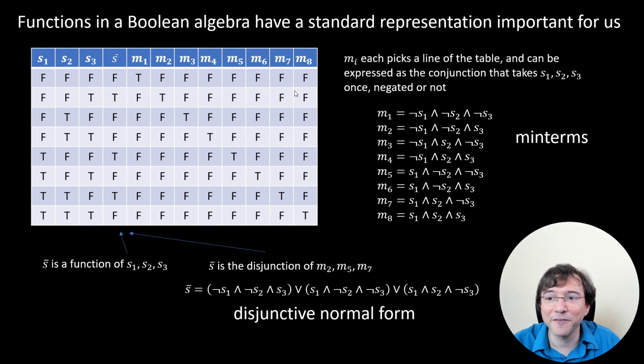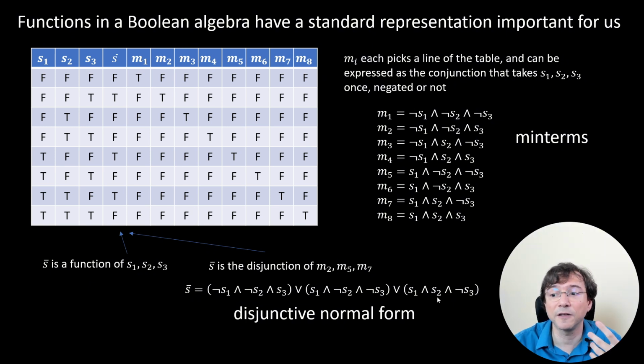And then if I have any function of these three statements, I can simply say that S bar is going to be this line, so M2, or this assignment, therefore M5, or this other assignment, which is M7. So this is M2, this is M5, and this is M7, and therefore S bar is this, or this, or this.